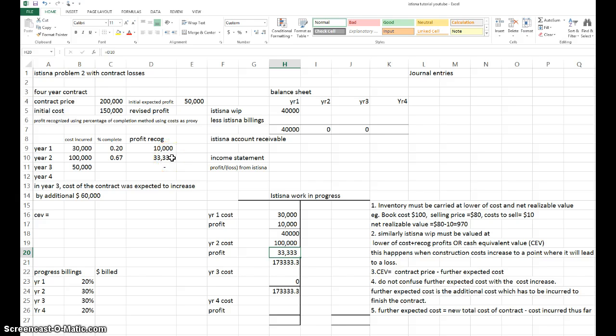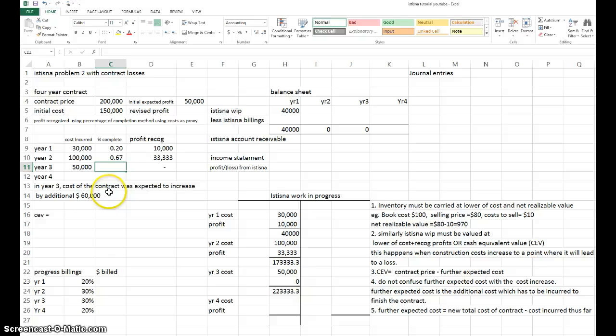Now, year 3 we have a situation where we have 50,000 cost, so we're going to add that 50,000 here to the work in progress account. Here we shouldn't use the percentage of completion anymore, because we are informed that in year 3 the cost of the contract is expected to increase by an additional 60,000.